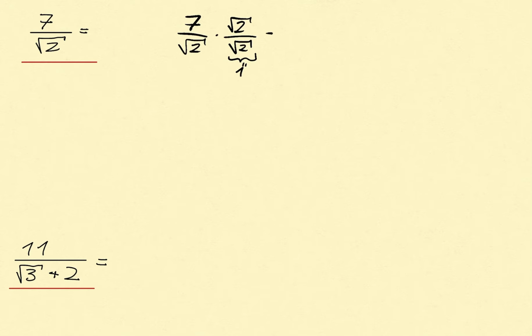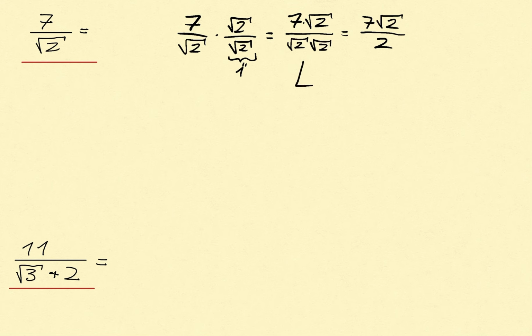So this will end up with something like this: 7 times square root of 2 over square root of 2 times square root of 2, which is nothing else but square root of 2 squared, okay? And then the numerator will remain the same, 7 times square root of 2, and the denominator will simply be 2.